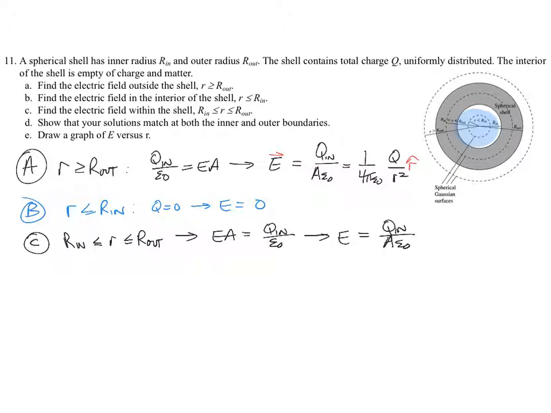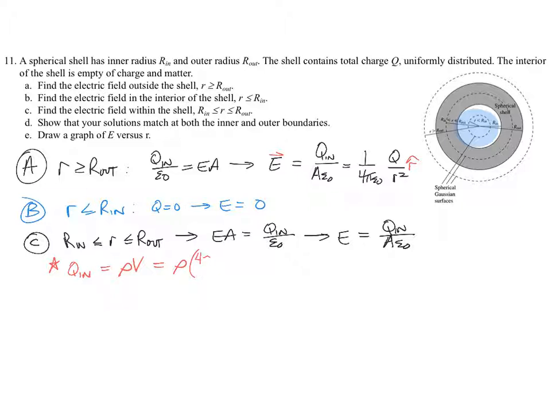Charge per area epsilon naught. But what's Q enclosed? Well, the charge that's on the inside for this is a volume issue. So since it's within a volume, we use volume charge density, so that times volume will give us that charge. Okay, and so let's deal with the volume.